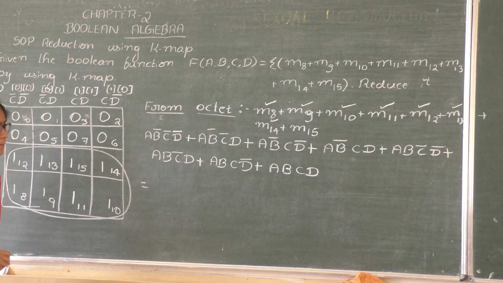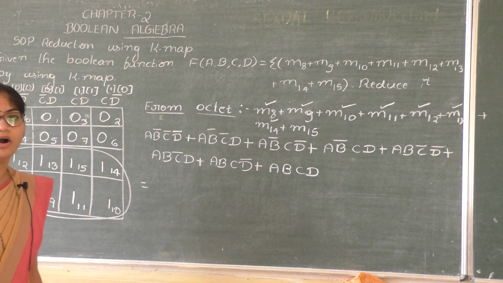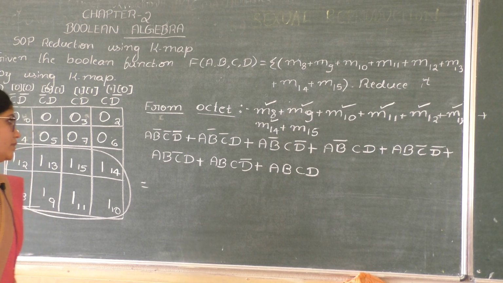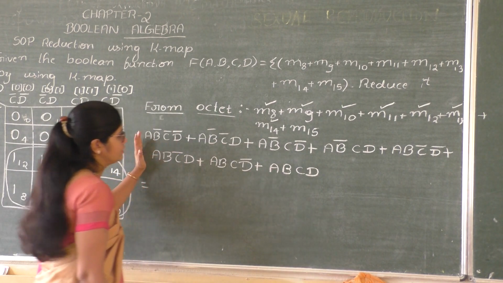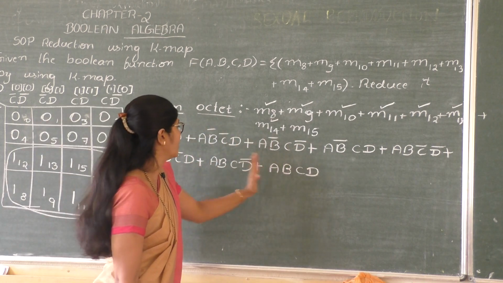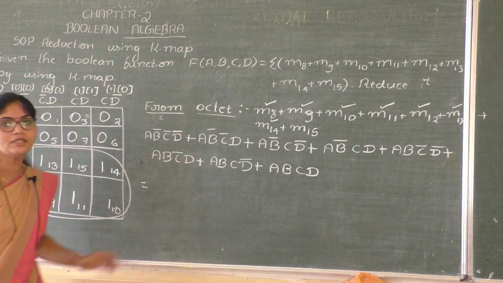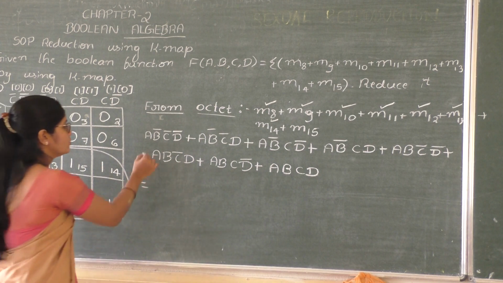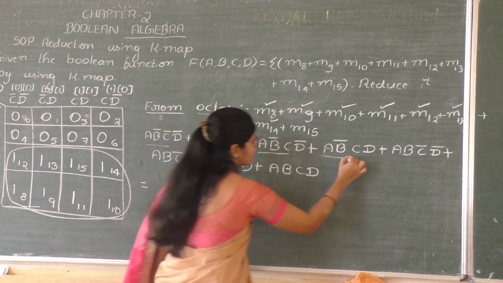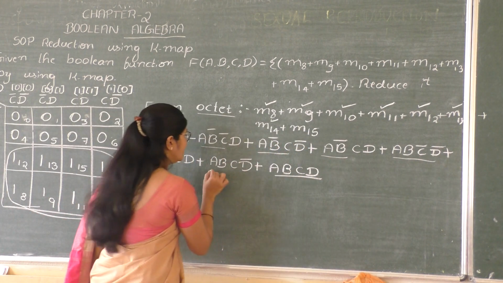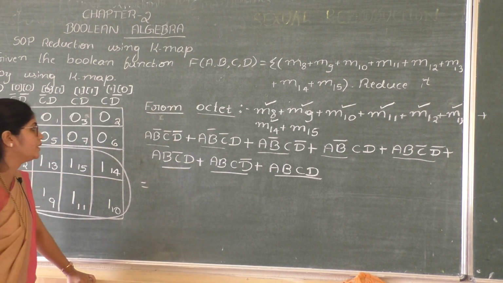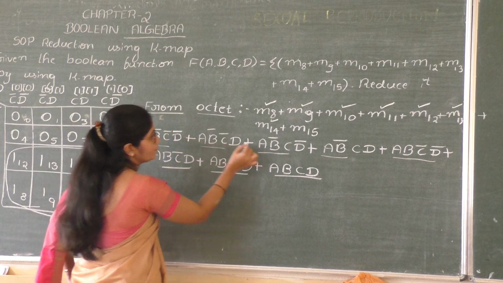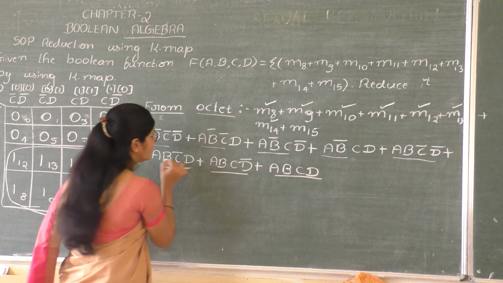Next step is writing the common variables in the minterms. So in the sum of product expression you can see 8 minterms. Minterm means product of all the literals. So these are all the minterms and the expression is called sum of product expression. Now we shall see the common variable in the minterms. Variable A is common in all the minterms.